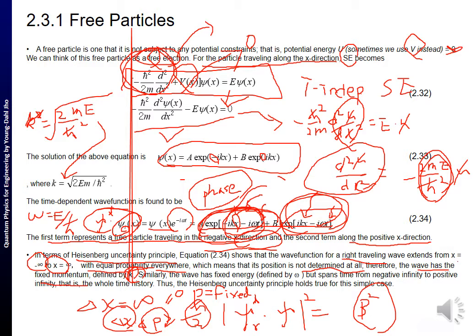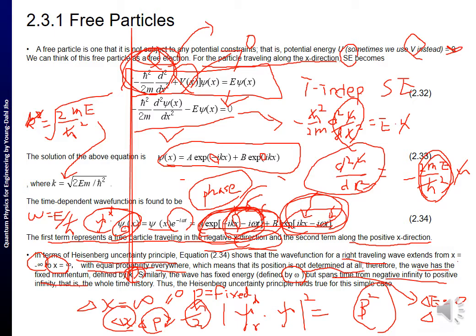Similarly, the wave has fixed energy defined by omega, but spans time from negative infinity to positive infinity. So what does it mean? Because energy is fixed, delta E is 0.